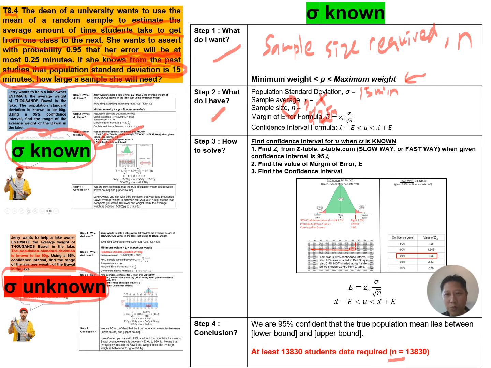So for this problem we need to modify, not following the actual flow. However, we're going to use the margin of error formula to get the minimum N. So we will roughly use the steps here, only that at the end we just use this formula.